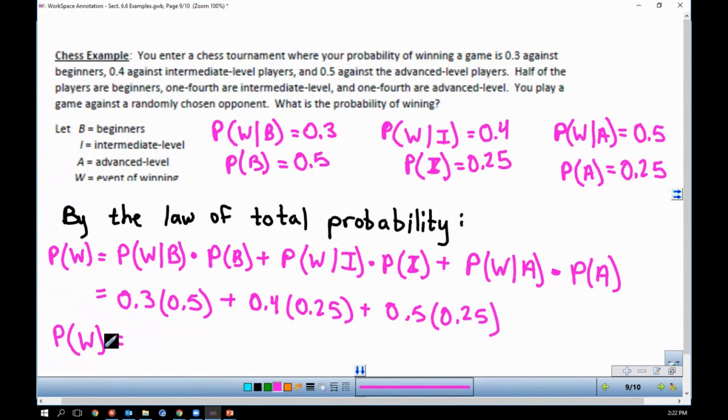So the probability that we win is what? 0.375. Pretty good chance.